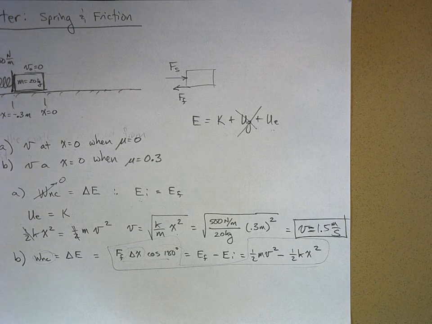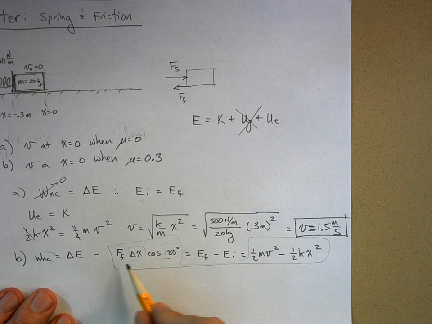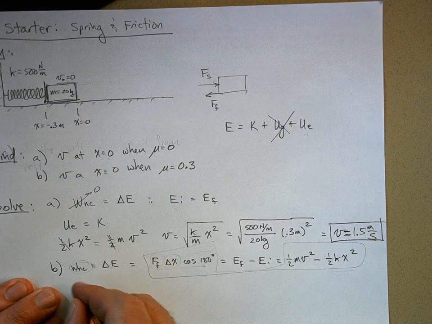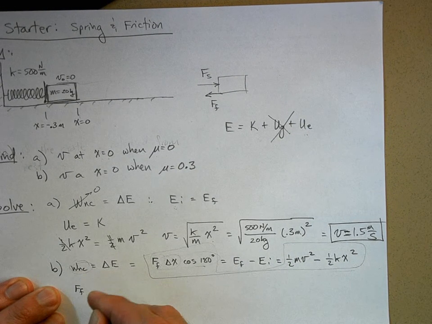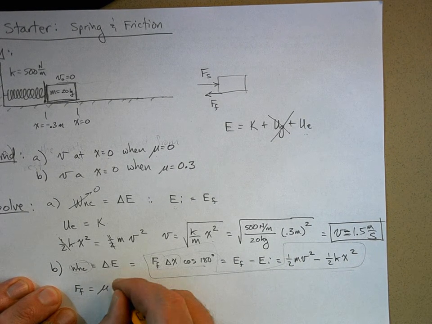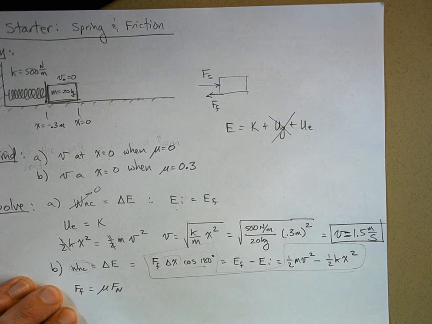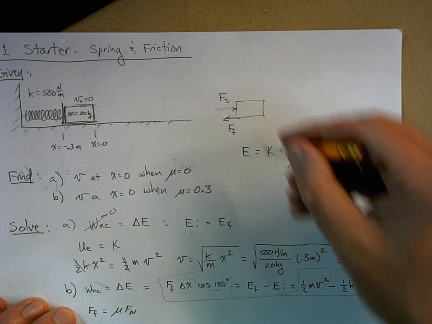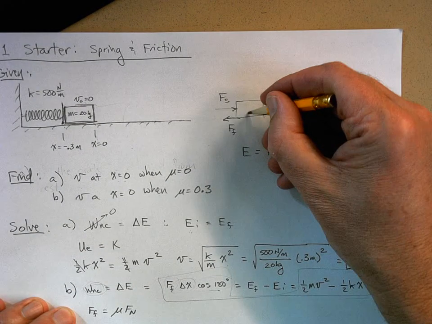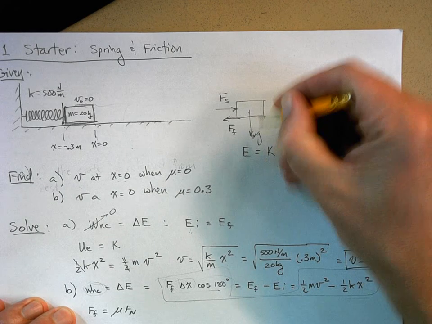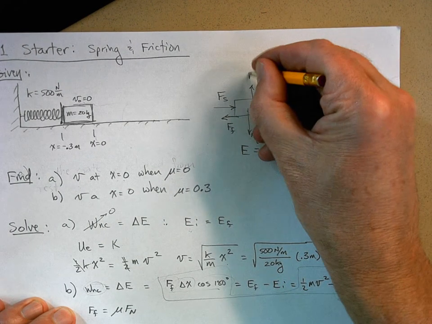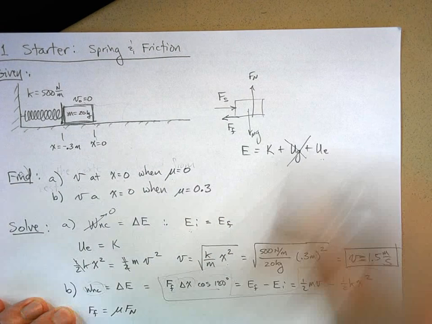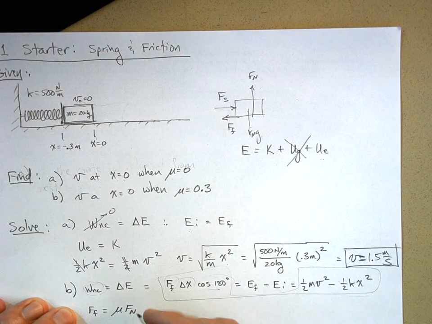Well, let's break it down. Let's figure out what the force of friction is. Force of friction is equal to mu times the normal force. Let's look at this object here. We've got gravity pulling it down, and we've got the normal force supporting the weight. So the normal force is just equal to the weight.